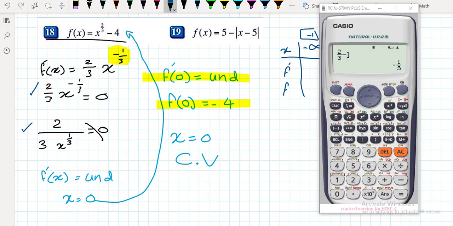Then use calculator, bracket, negative 1, close bracket, power. In your calculator, you have negative 1 over 3. You can write it like this, 1 over 3. Close bracket, press equal. The answer is negative 1.